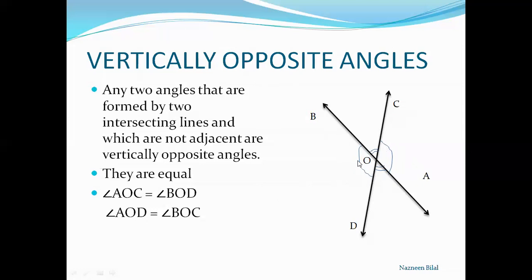The angles which are marked with a single arc, like angle AOC and angle BOD, are vertically opposite angles. Similarly, angle AOD and angle COB are marked with double arcs. These are also vertically opposite angles. Vertically opposite angles are always equal.